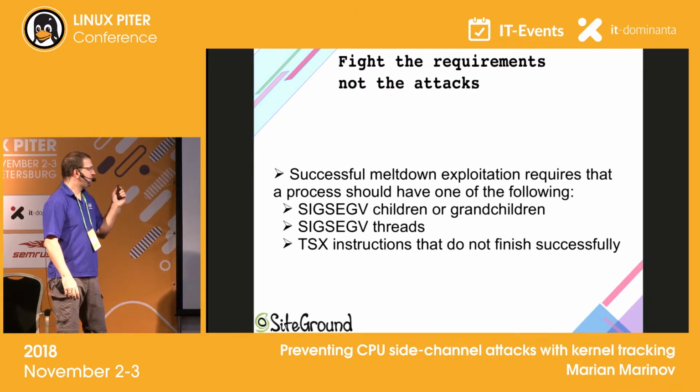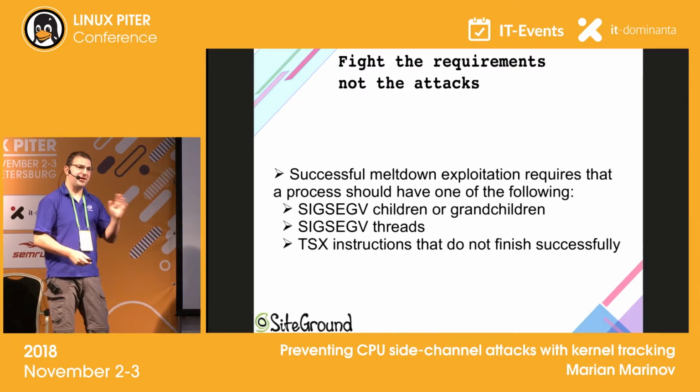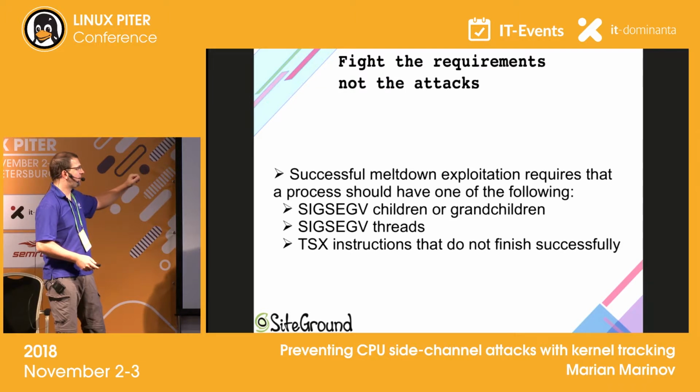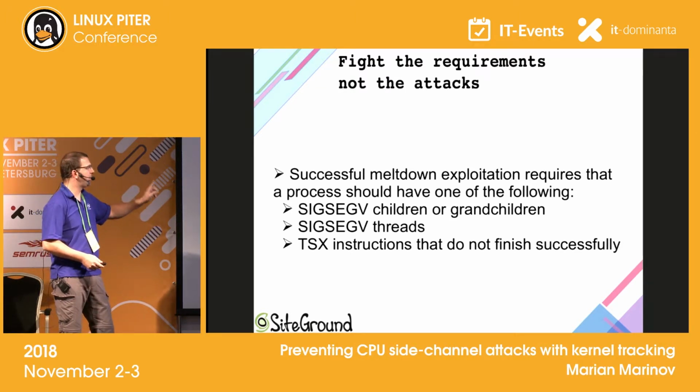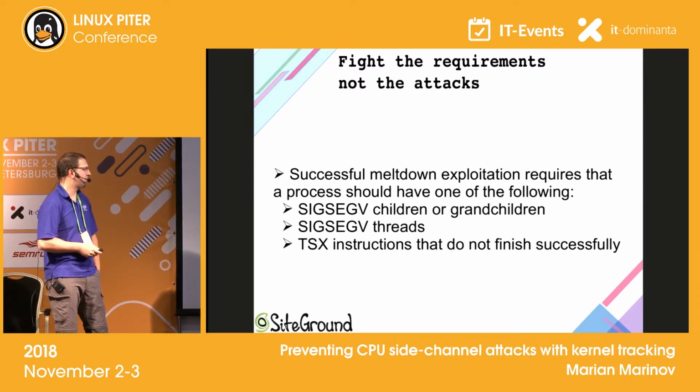The other thing was that we started to collect data for each process that is dying. Segmentation faults of children, grandchildren or threads are collected, and we can also collect this information with the transactional instructions.